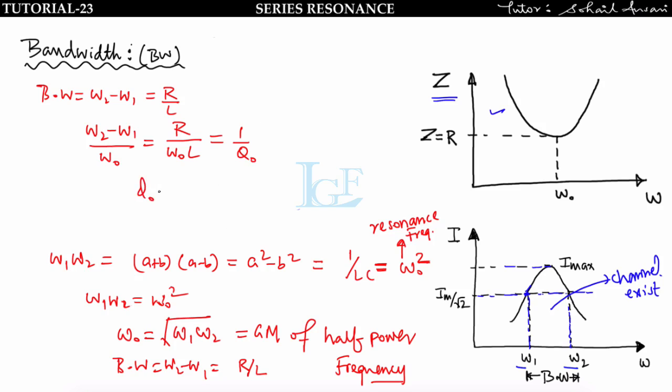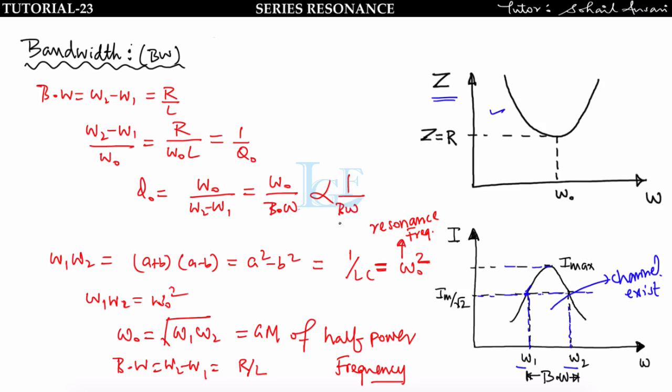Hence Q naught is equal to omega naught upon omega 2 minus omega 1, that is equal to omega naught upon bandwidth. So we can say that the quality factor is inversely proportional to bandwidth.